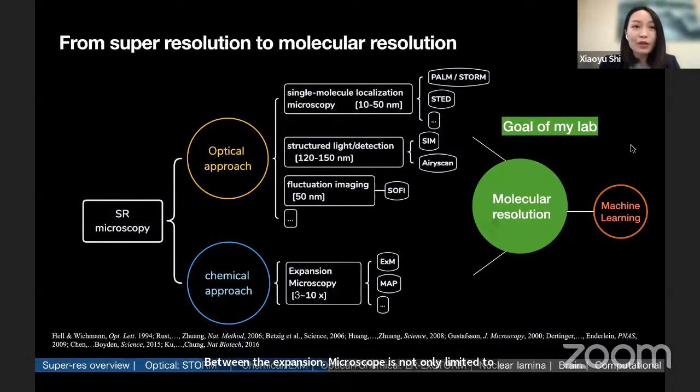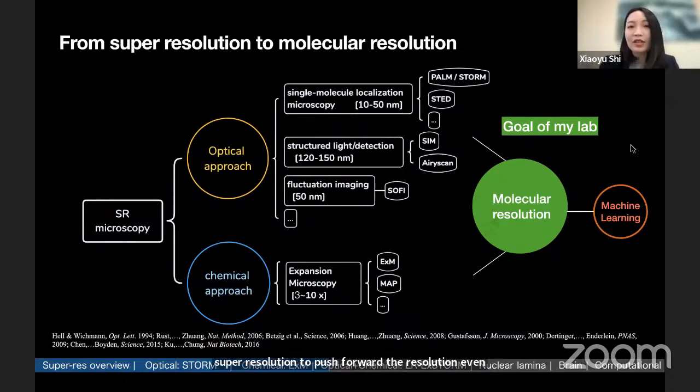It can be combined with any optical microscope. And the goal of my lab is to combine the optical approach and the chemical approach together to achieve molecular resolution imaging. And the third branch is to use machine learning to further improve the images taken with this combined approach, for example, denoising or machine learning based super resolution to push forward the resolution even more.